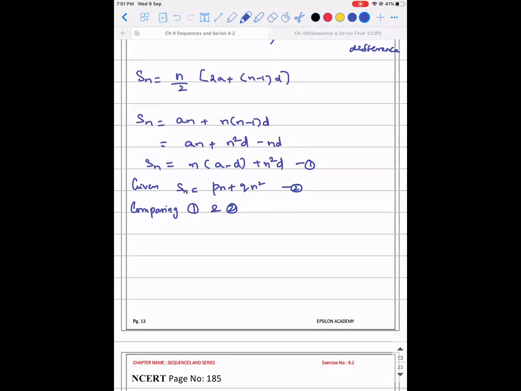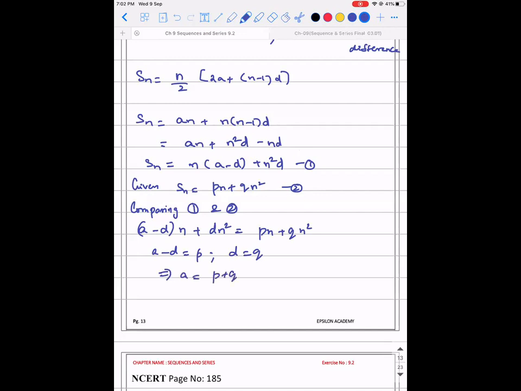A minus D is equal to P and D is equal to Q. So A minus D will be P and D will be Q, which implies A will be P plus Q.